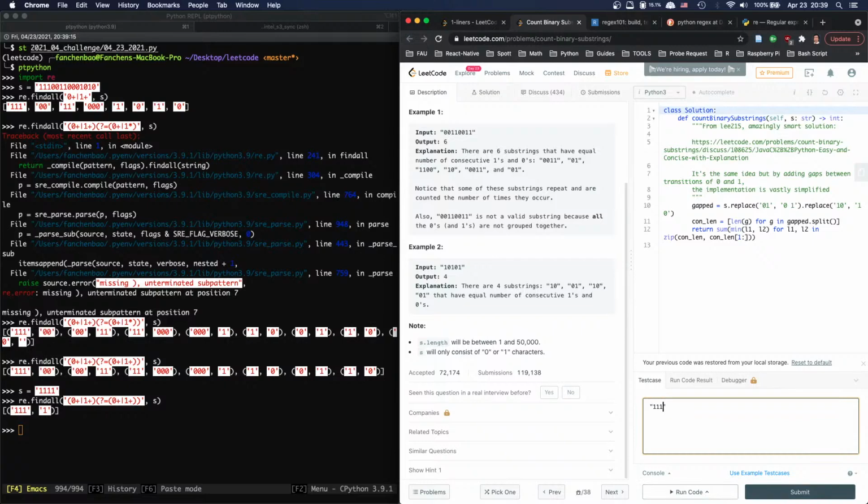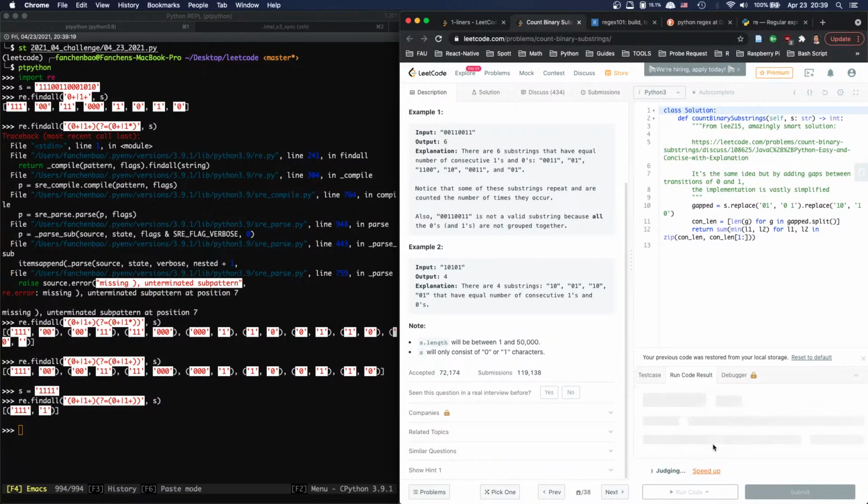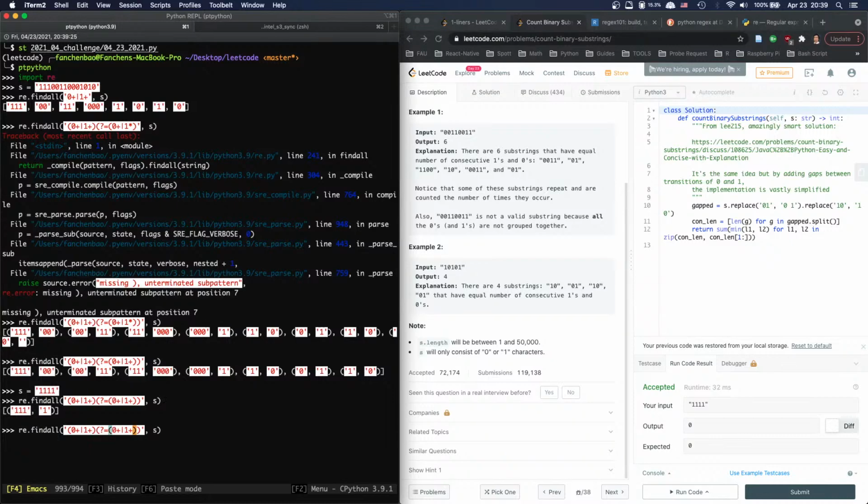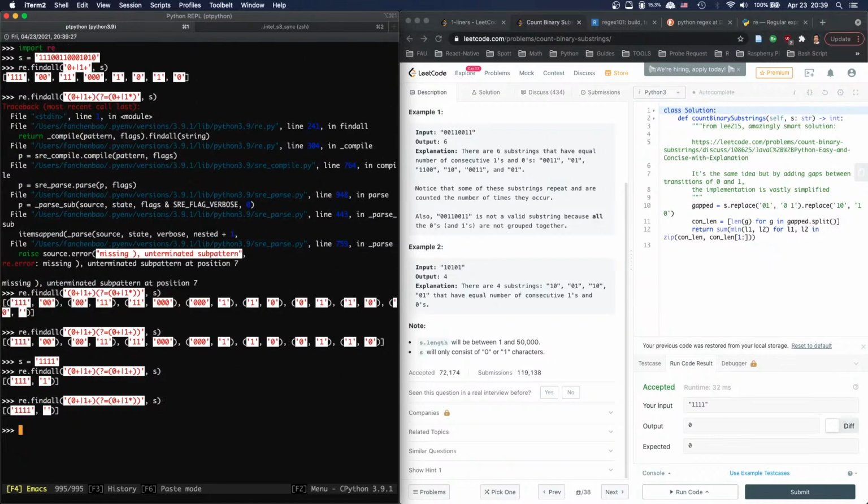It shall be able to handle this. That's a 0. But here we are not. But if we say this, that's why. That's why. It's this. Very smart. Very, very smart.